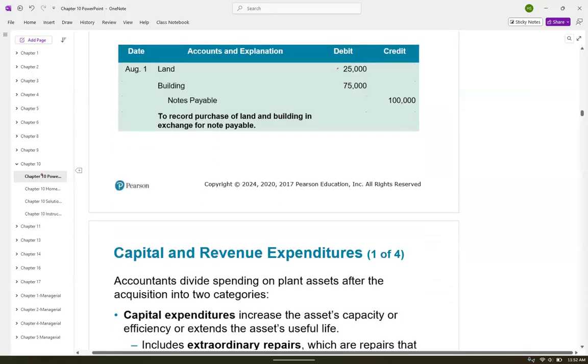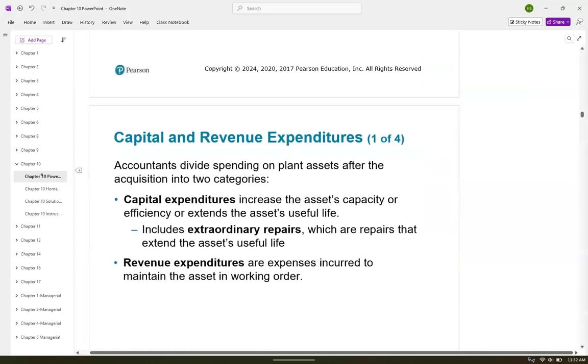Okay. All right, we're going to talk about the difference between capital expenditures and revenue expenditures. As an asset ages, there are different things that you're going to have to do to it to make sure it stays in operation.